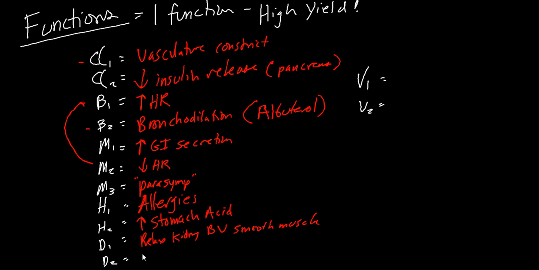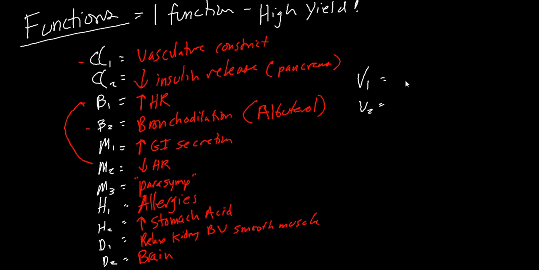Not that important. D2 receptors, a little more important. That's everything in the brain. So if you're thinking dopamine, you're probably going to be thinking a D2 receptor, and that's probably going to be in the brain.